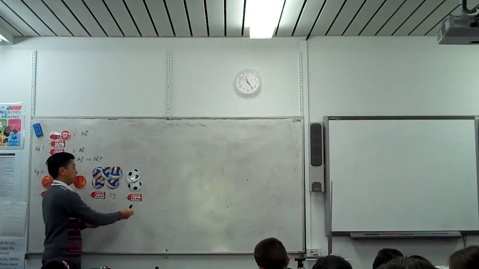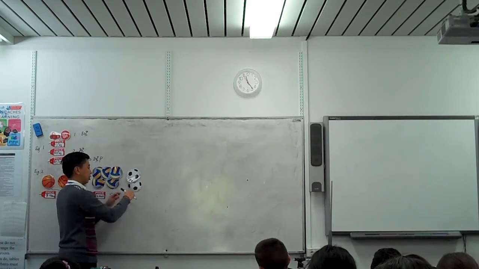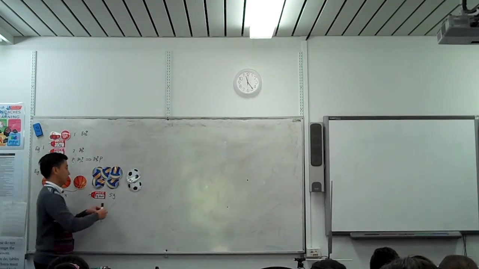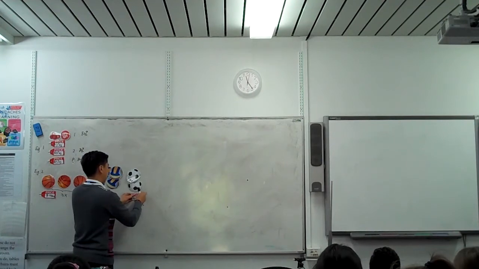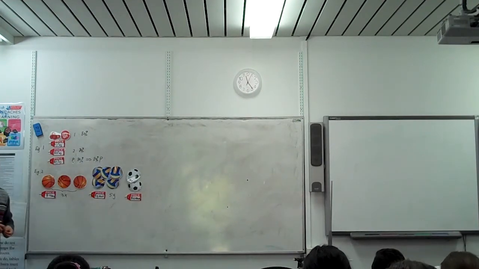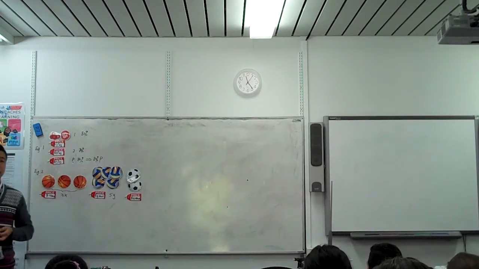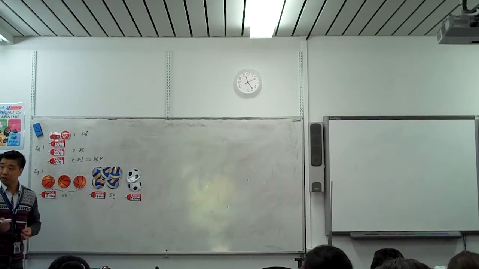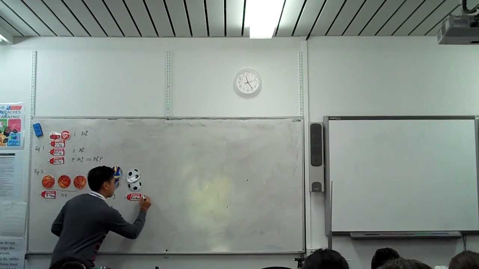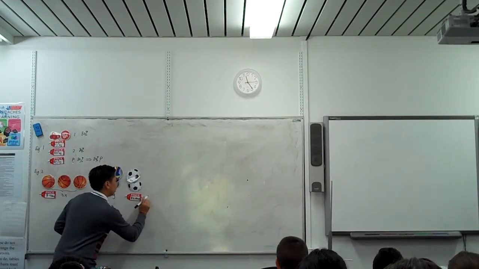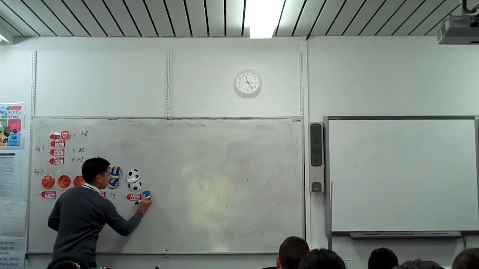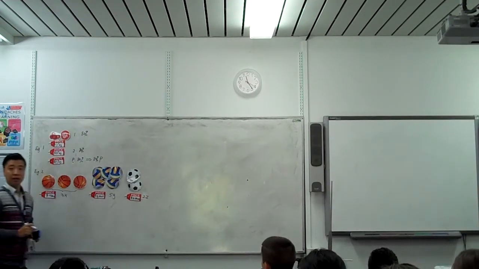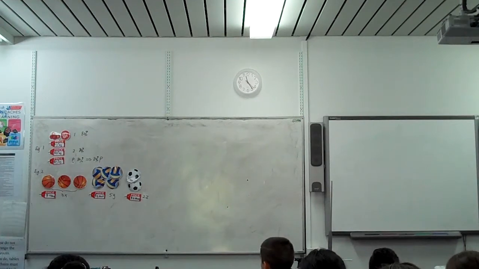Now we want you to write how much they are. How much are they? 2Z. What's your answer? 2Z. 2Z, very good. It's 2Z dollars. Do you have any questions?